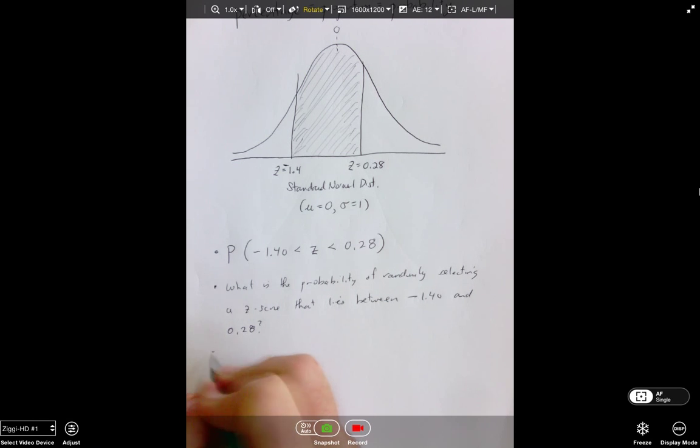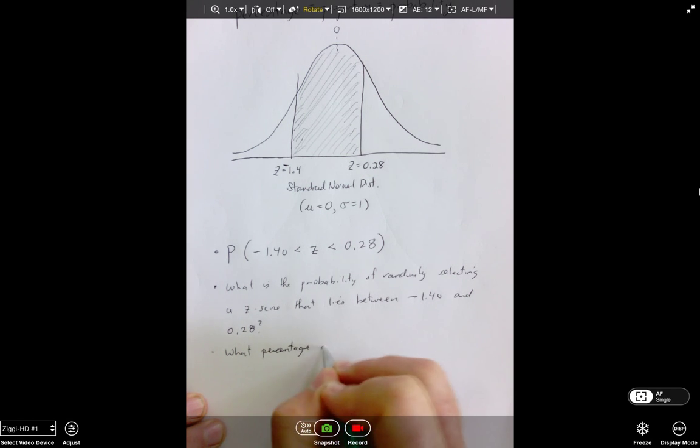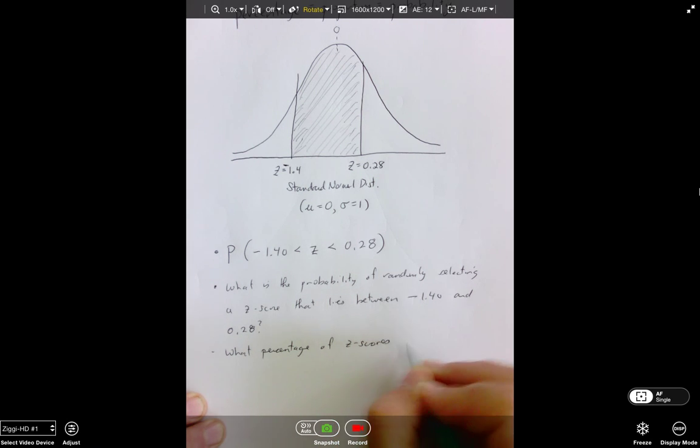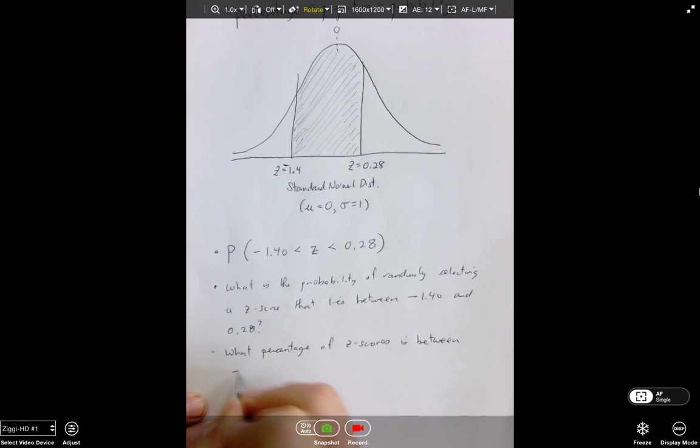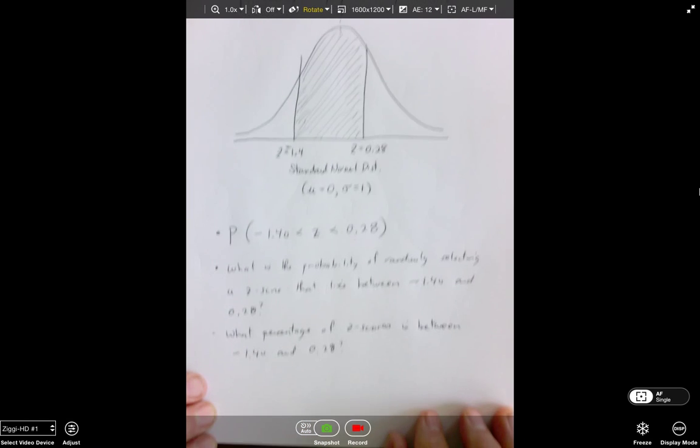We could also ask what percentage of z-scores is between negative 1.40 and 0.28.